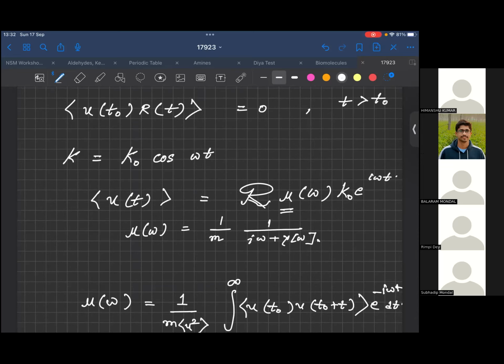Mobility is related to the velocity correlation Fourier transform. U is velocity.